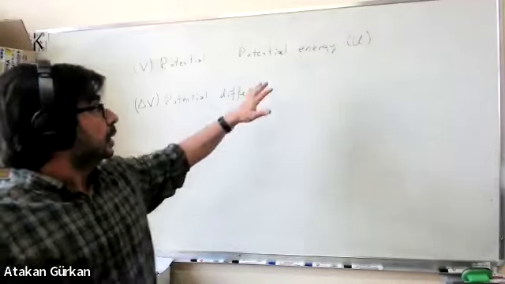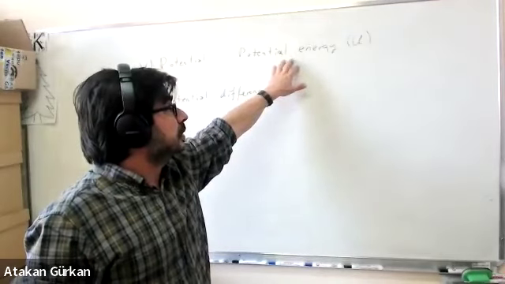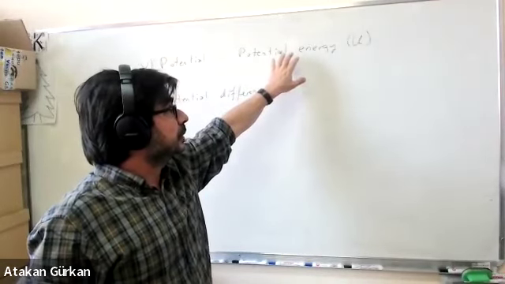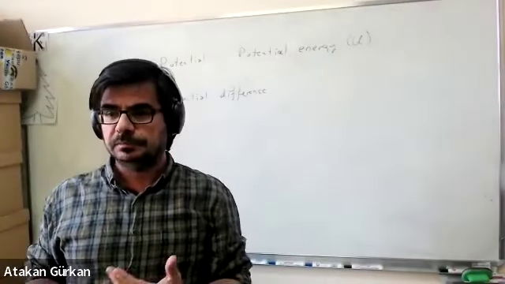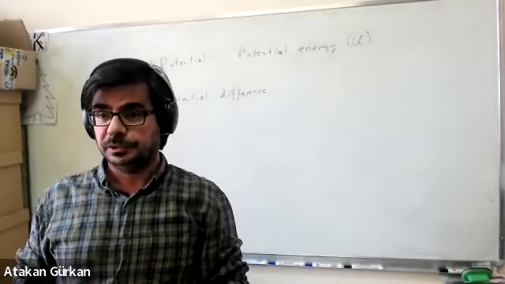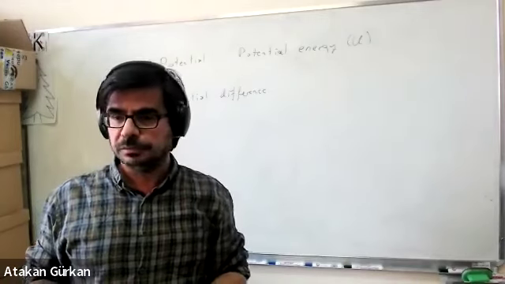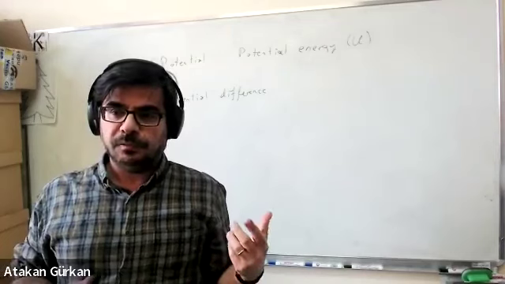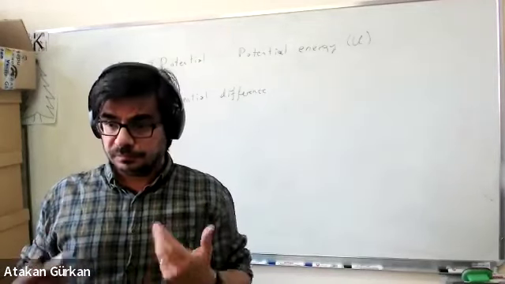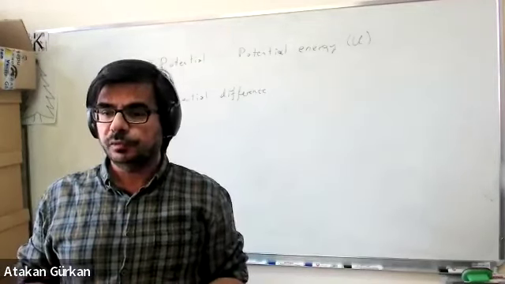The potential energy is what I want to start with. This is very similar to the potential energy you already know. In mechanics, you had gravitational potential energy, right? So how did you define potential energy in mechanics? There are different ways, but one that I like is that energy itself is the ability to do work.